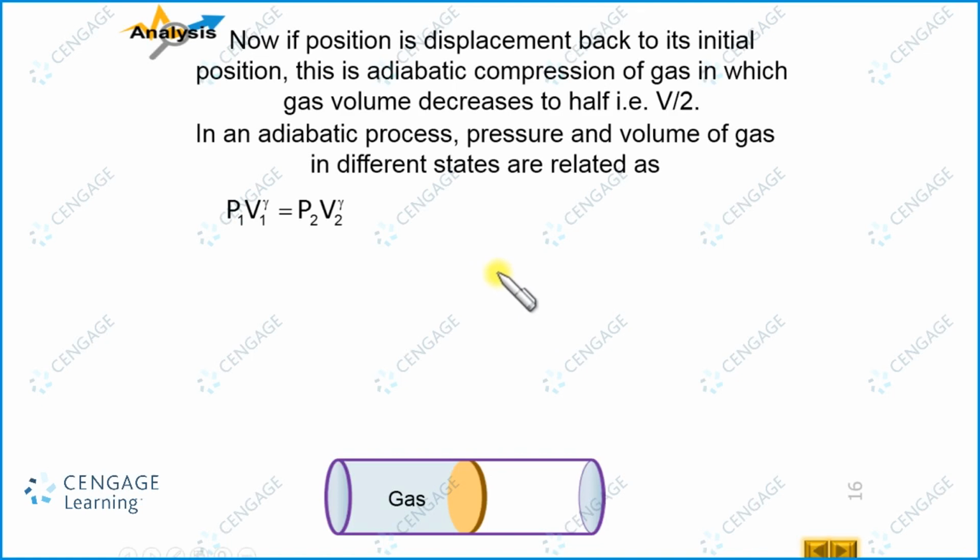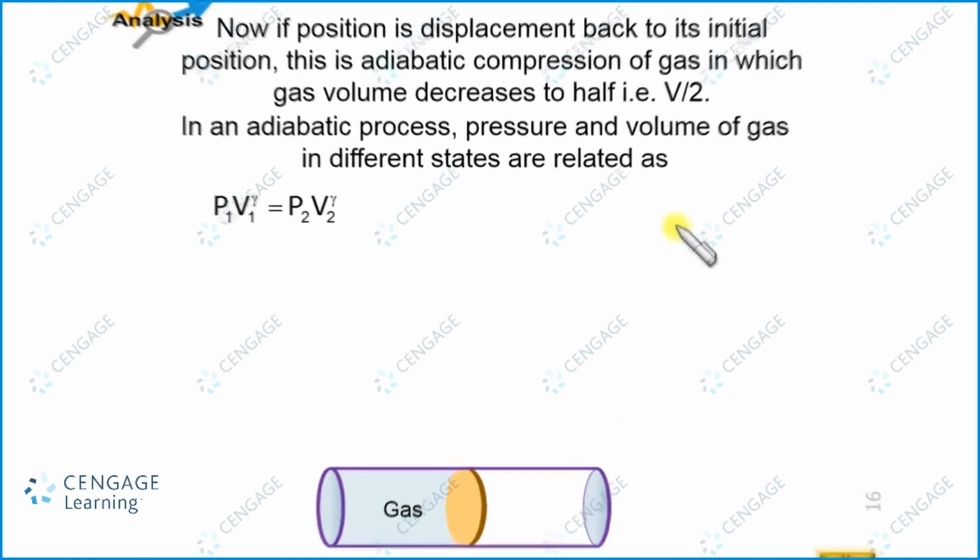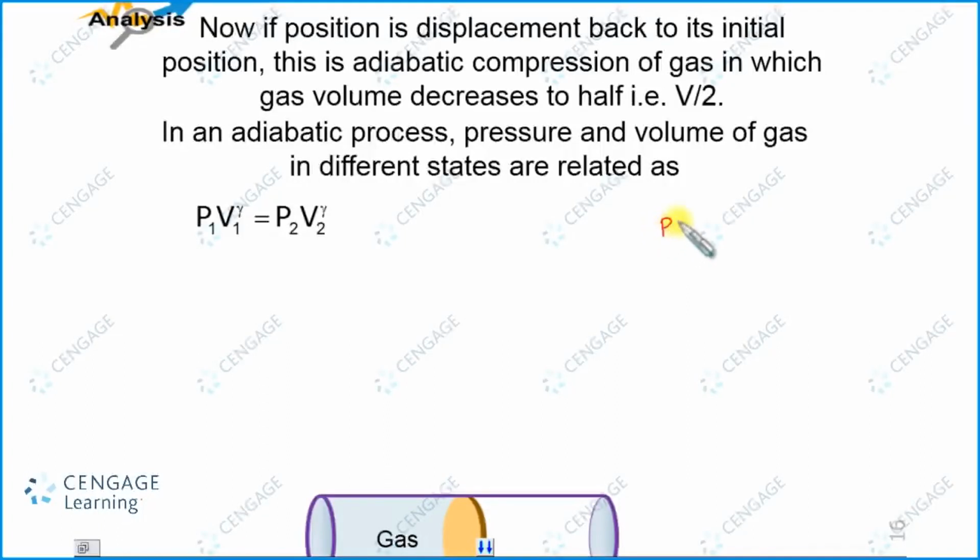And here P initial, because it is completely filled with the gas initially, we can write by using the ideal gas equation PV equal to nRT, that P initial equal to nRT divided by V, right? V is the total volume.